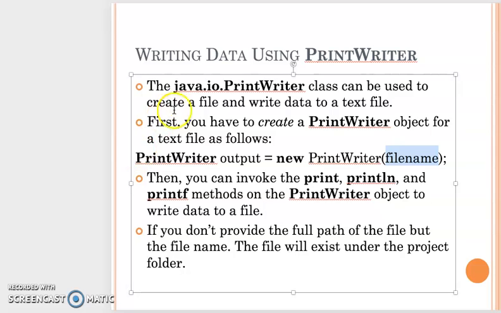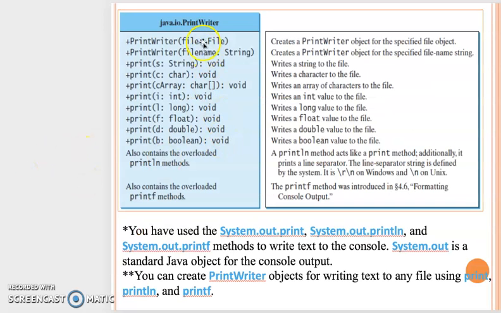Here we will see the PrintWriter UML diagram. Like we said earlier, for the constructor, you can specify a file object, or you can give a string as a file name. Here you will see all the methods of the PrintWriter.